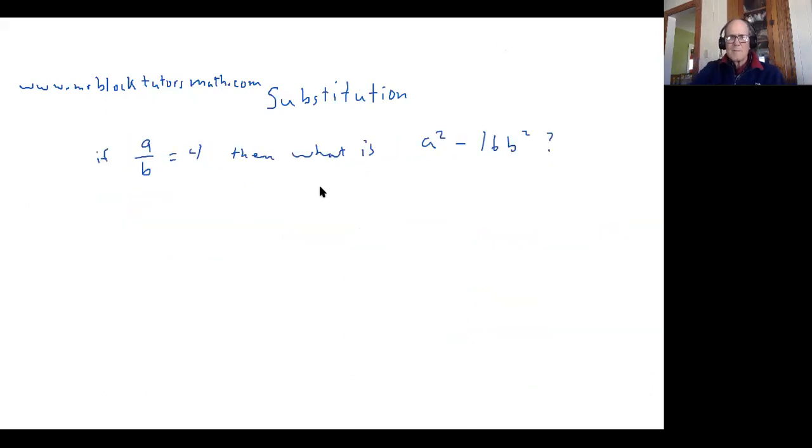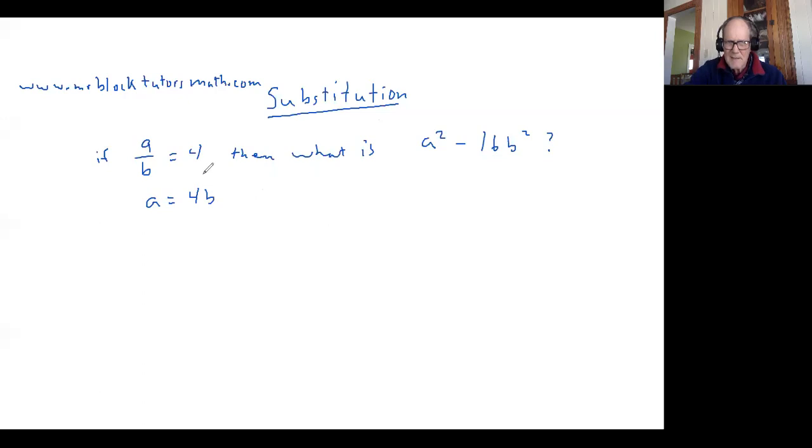Now, in this problem, they're giving us that a over b equals 4, and then they're saying, if a over b equals 4, then what is a squared minus 16b squared equal to? Interesting problem. What are they really asking for? Well, remember, if we're talking about substitution here, let's solve for a in this problem and get 4b.